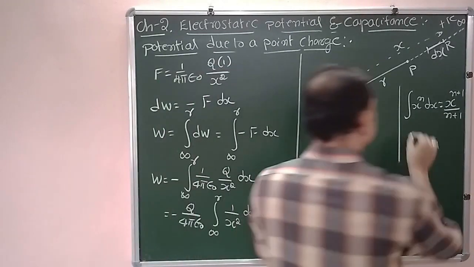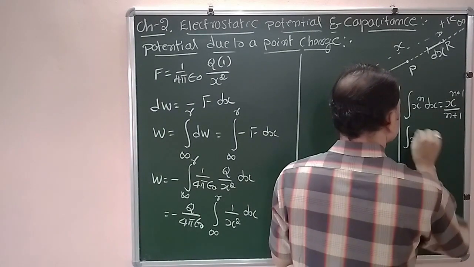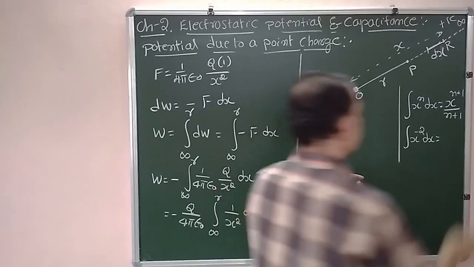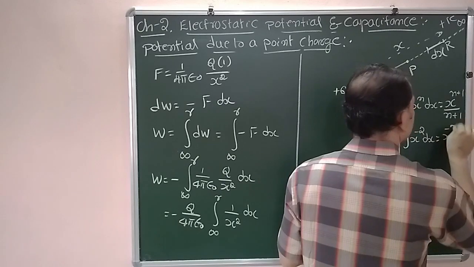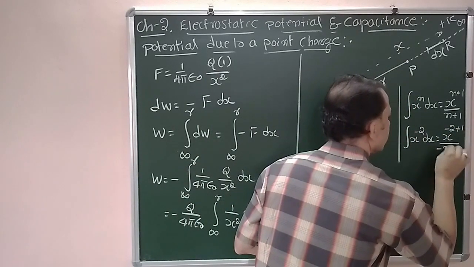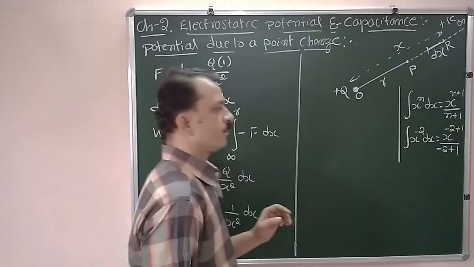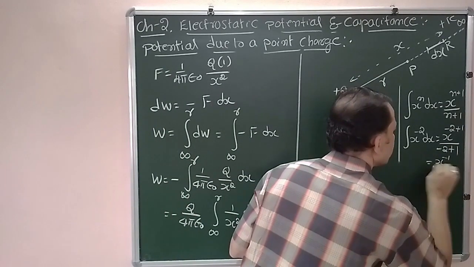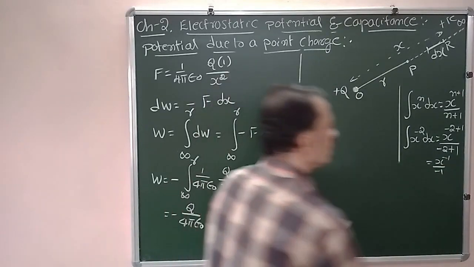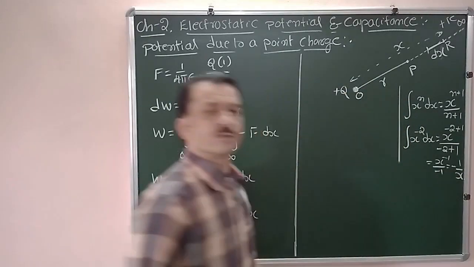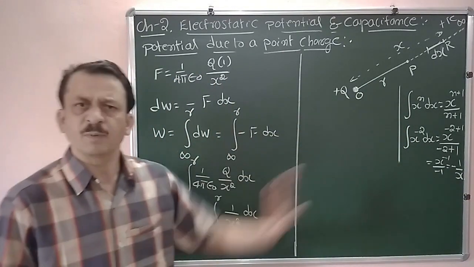So the integral of x to the power of minus 2 with respect to dx becomes x to the power of minus 2 plus 1 divided by minus 2 plus 1. Simplifying, we get x to the power of minus 1 divided by minus 1, which is equal to minus 1 divided by x. That is the integral part.